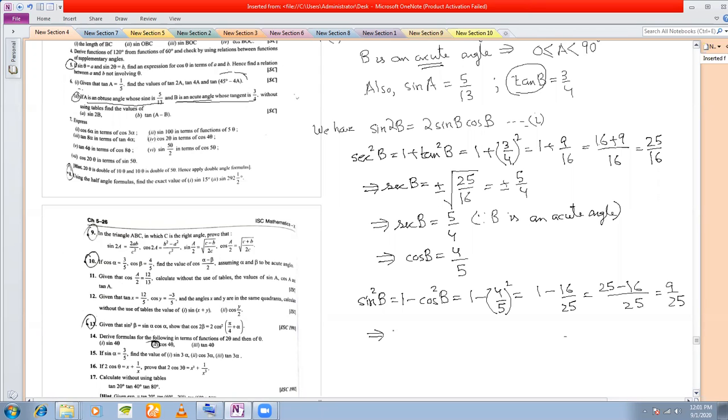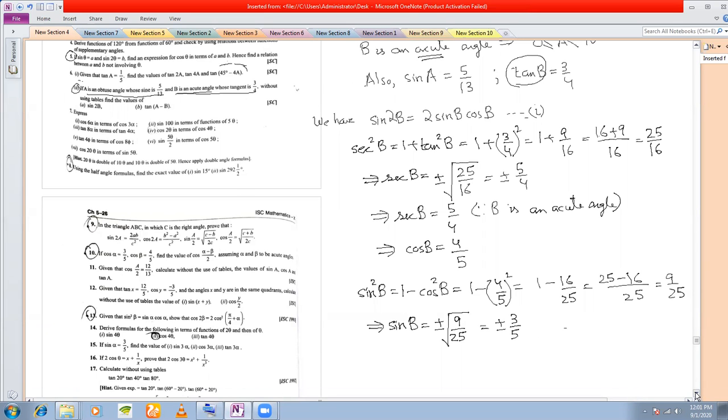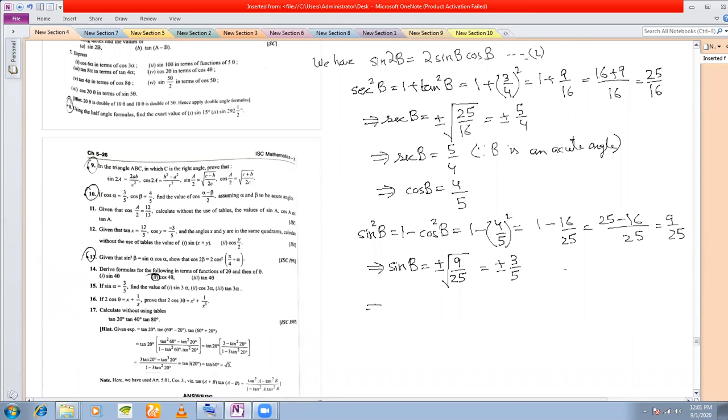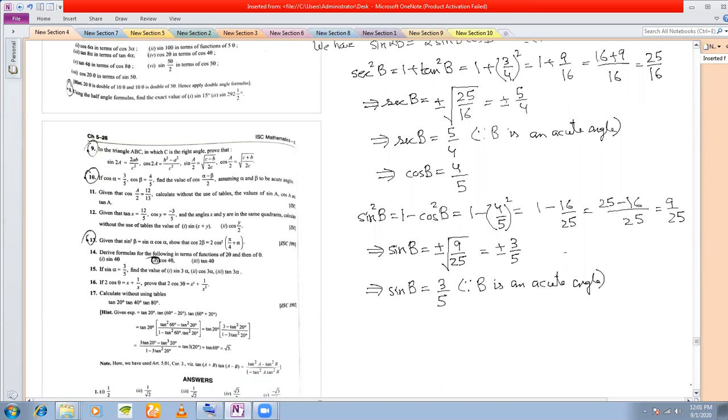That means sin B is plus or minus square root of 9 by 25, which is plus or minus 3 by 5. Fine. Now which sign should I take? Again, B is an acute angle, so sin B has to be positive. So we have calculated the value of sin B and cos B.